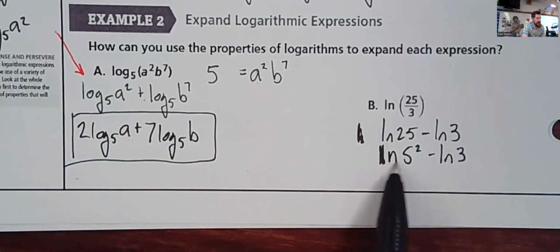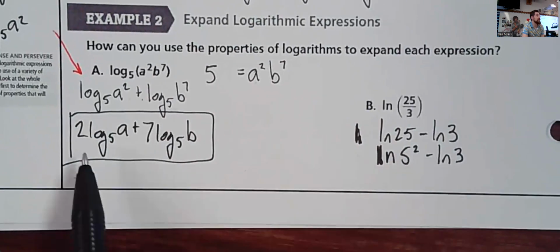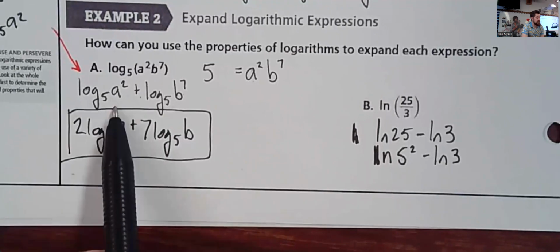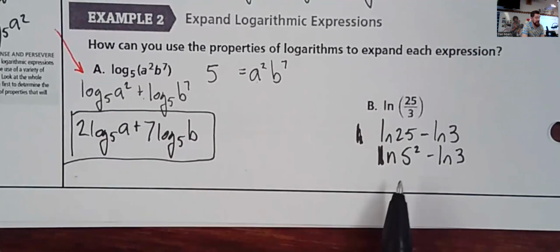How could we rewrite ln 5 squared using what we used over here? It's the same thing as what we did with the log 5a squared. What could we do with the ln 5 squared?